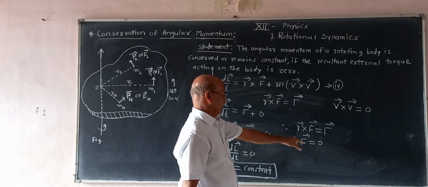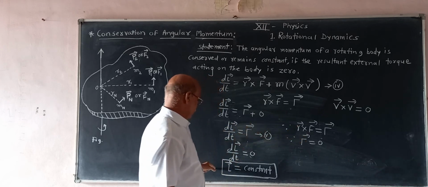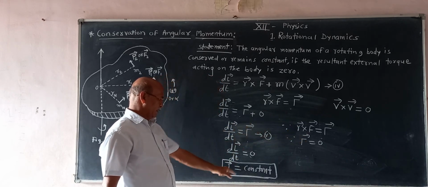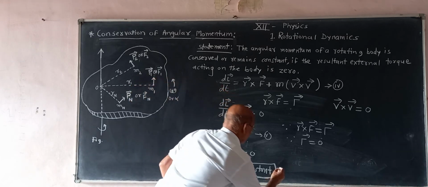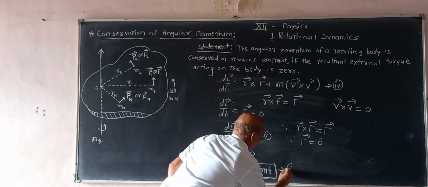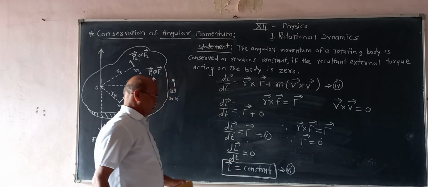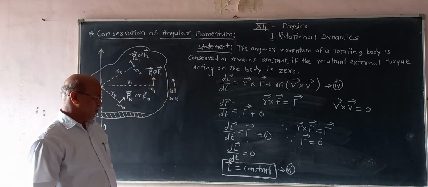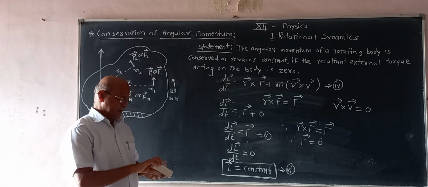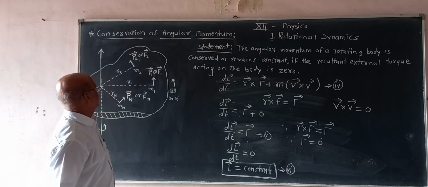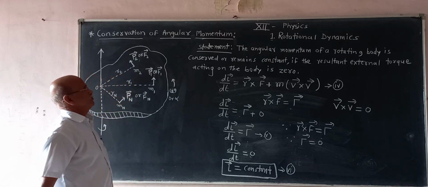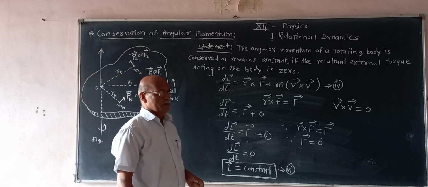That is, vector tau equal to 0, we get vector L equal to constant. This is equation number 6. So vector L equal to constant, the angular momentum of the system remains constant, and this is the principle of conservation of angular momentum.